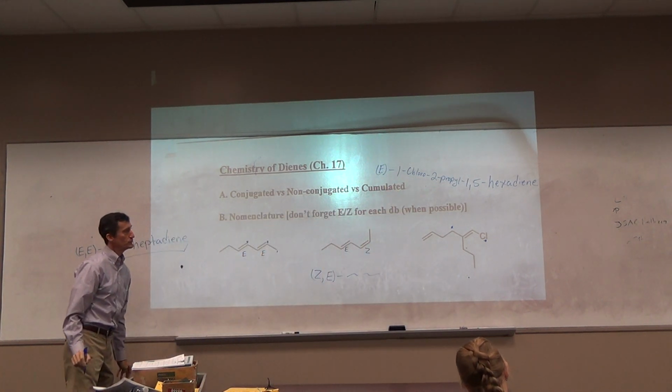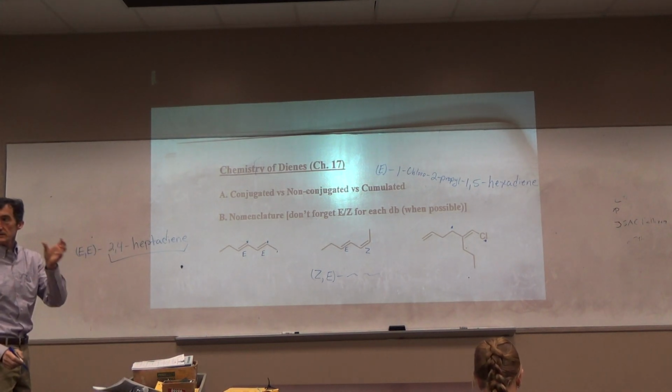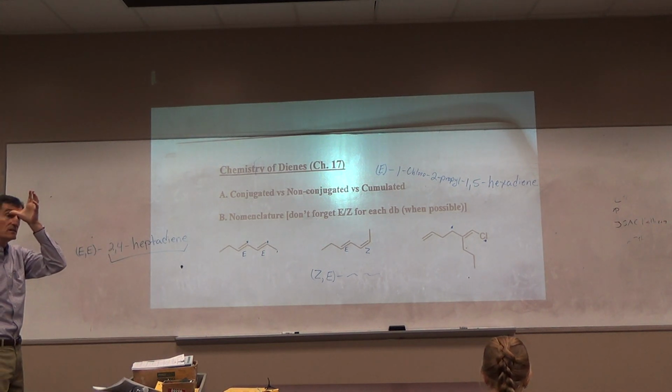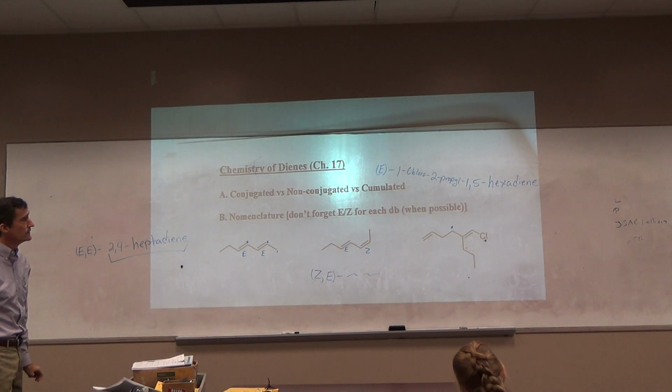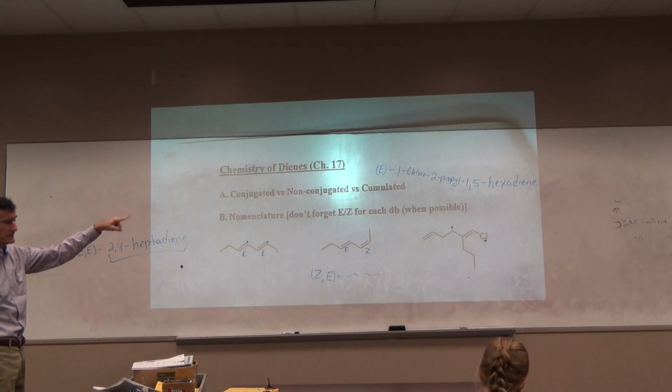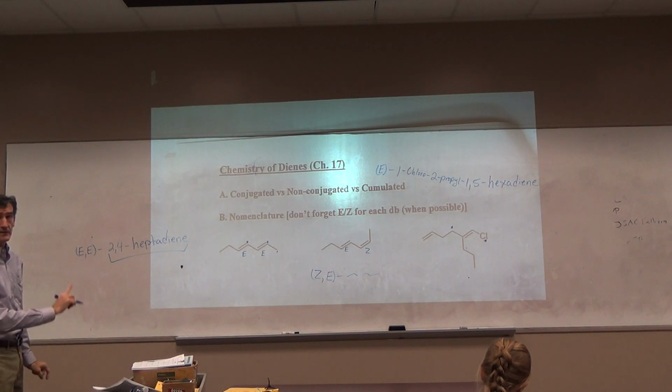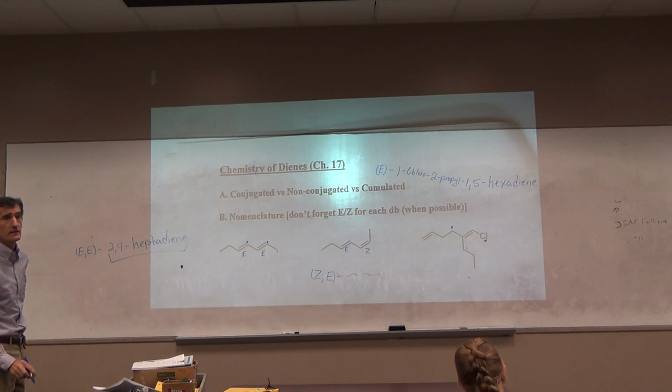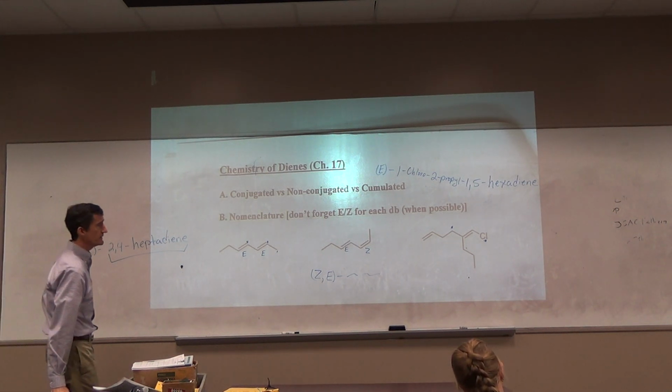E, 1 chloro, 2 propyl, 1,5-hexadiene. How does it look? And the E obviously goes with the stereogenic alkene. The other alkene is not stereogenic, right? So we don't need a descriptor for it.